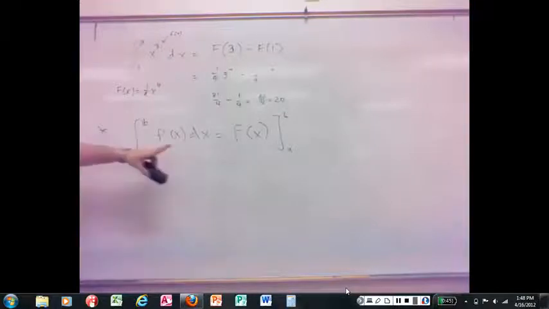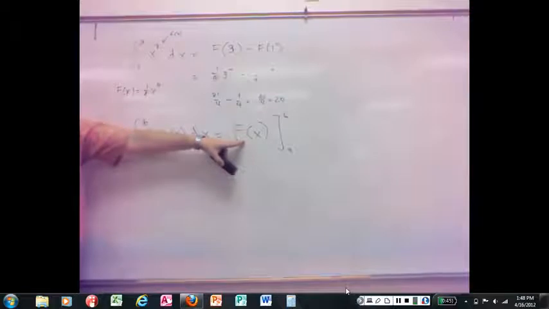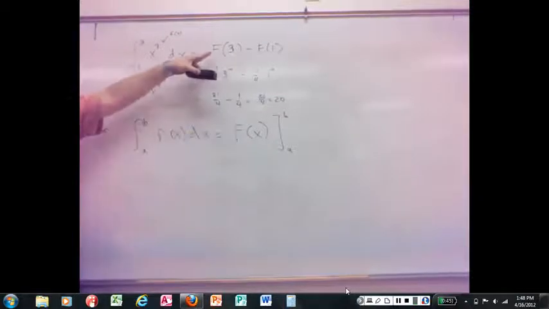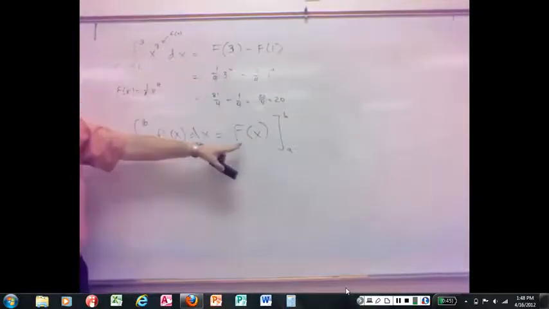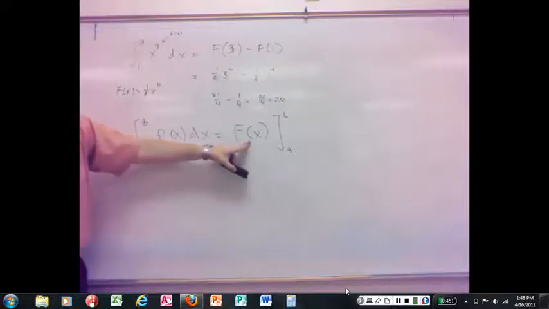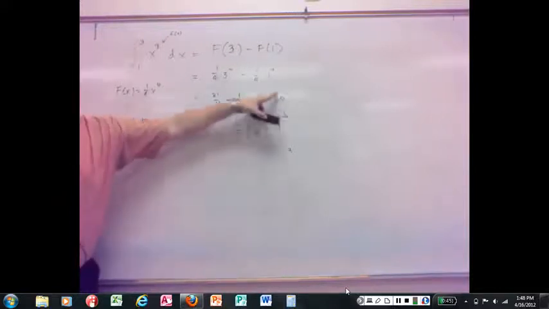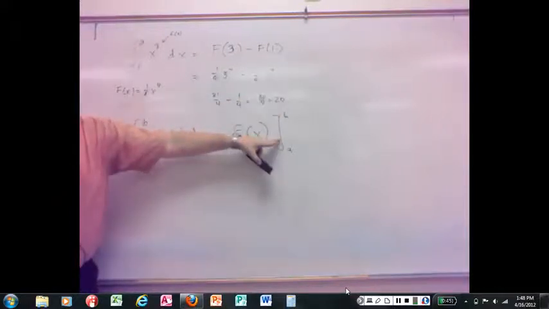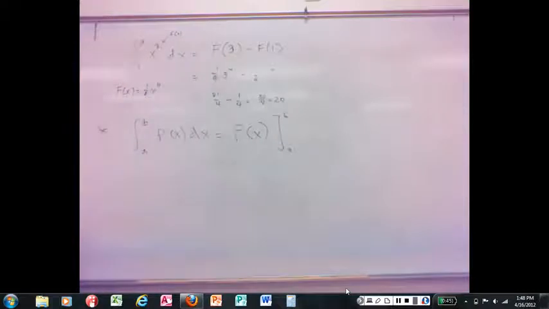This is kind of a shortened notation, if you will. It means the same thing. It just says get your antiderivative and then throw in your upper and lower limits. You can keep those indicated over there. All right, so a couple of quick things.